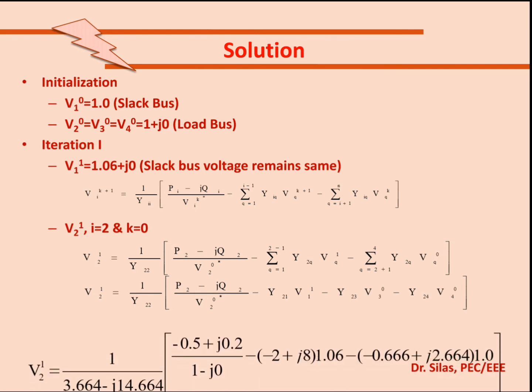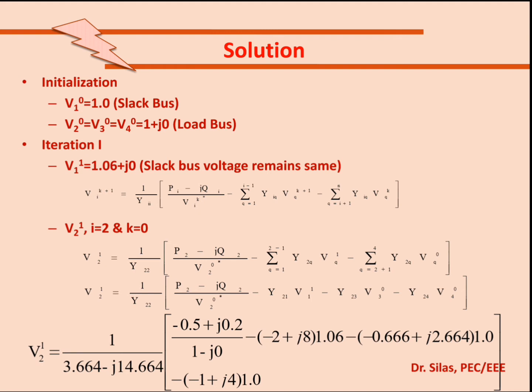Then we have to substitute the values. Instead of Y22, I have substituted the value of Y22 from the admittance matrix. Similarly, the P2 value is given as the real power of the second bus, that is 0.5. But as it is a load bus, I have to substitute it as minus 0.5.